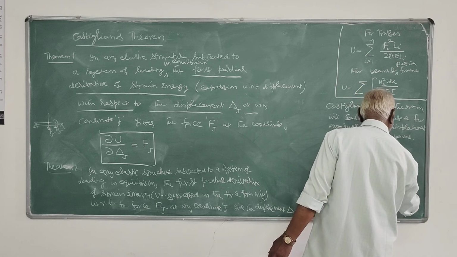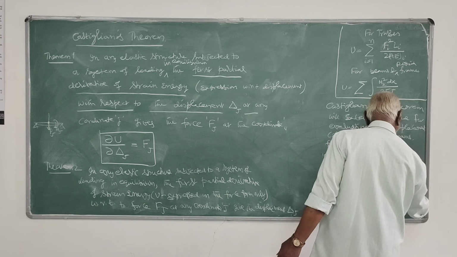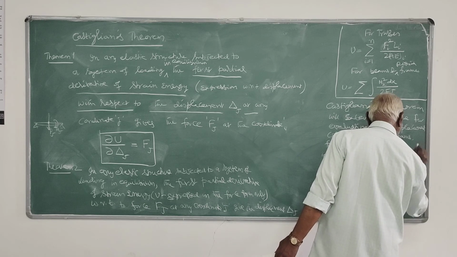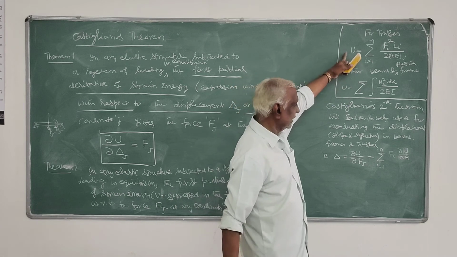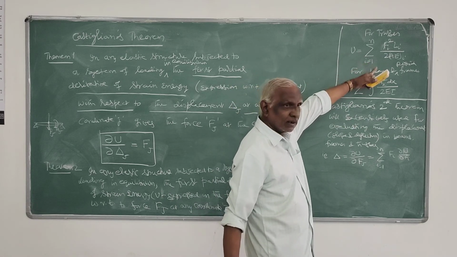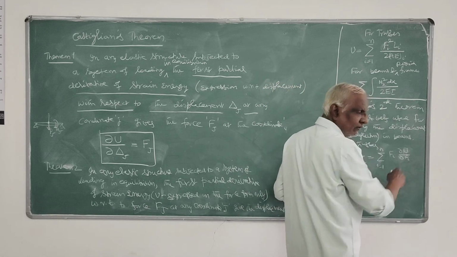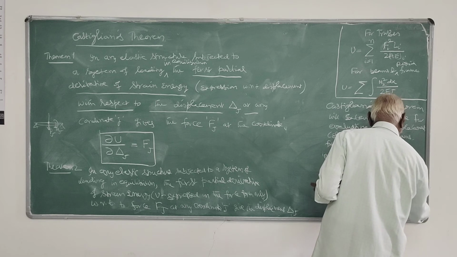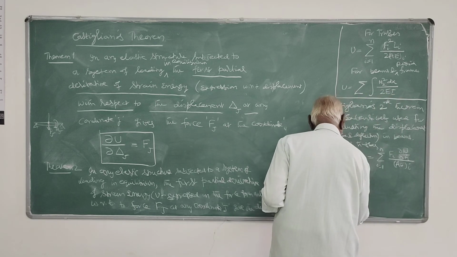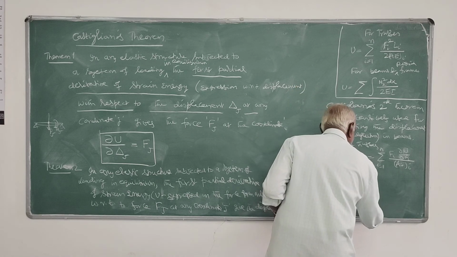You have Fi into delta Fi by delta Fj, whatever is there, divided by AE. And this is for trusses.